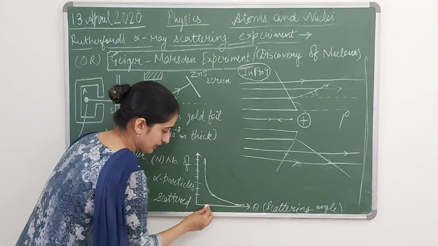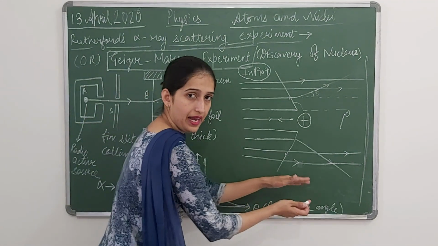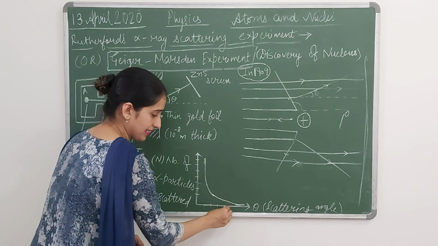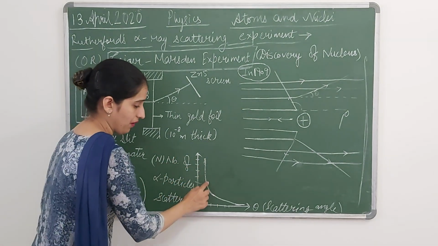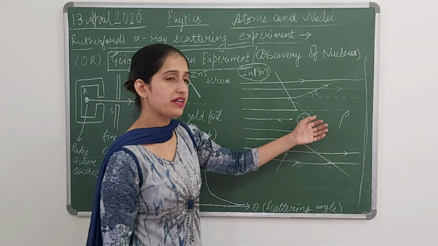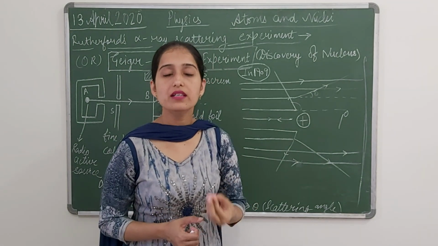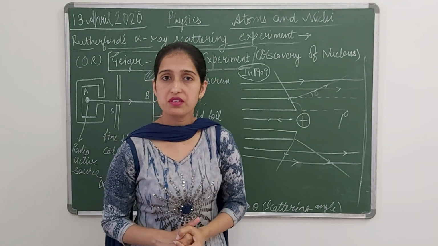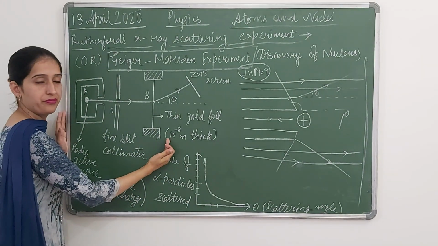After that, when theta is increasing on the x-axis, simultaneously you can see the number of alpha particles is decreasing. The same thing we have said here. It is only a symbolical representation of our observations. This one is the experimental setup.